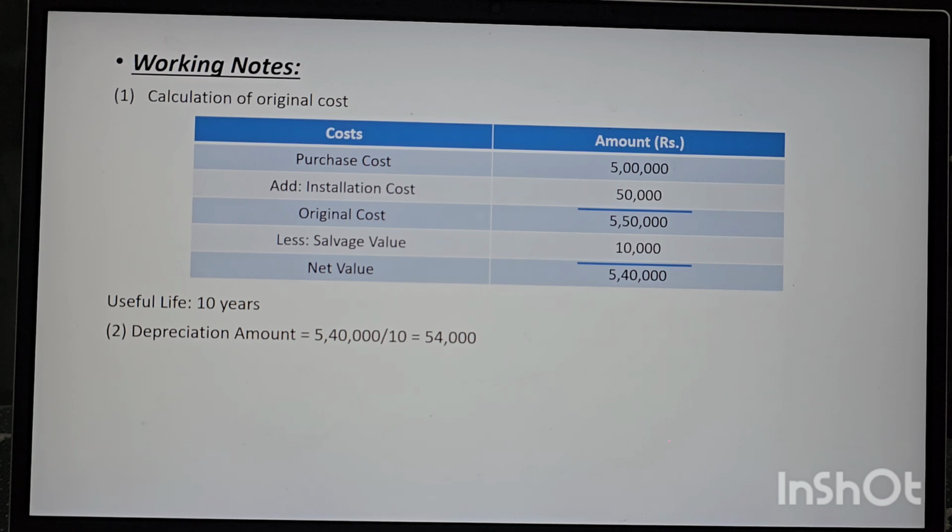The lifespan of the asset is 10 years, so the depreciation amount will be 5,40,000 divided by 10. That means we are going to distribute the entire depreciation amount throughout its life. So the depreciation amount becomes 54,000 for each year.